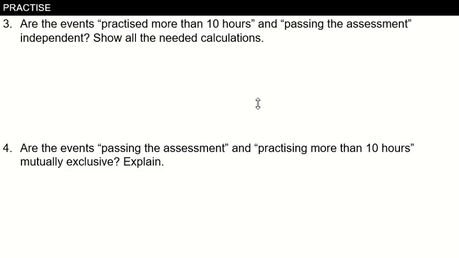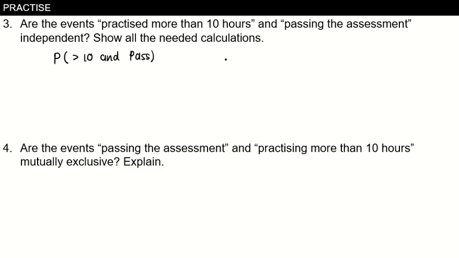Question 3. Are the events practiced more than 10 hours and passing the assessment independent? Show all needed calculations. To calculate independence, we need the probability of more than 10 hours and passing.